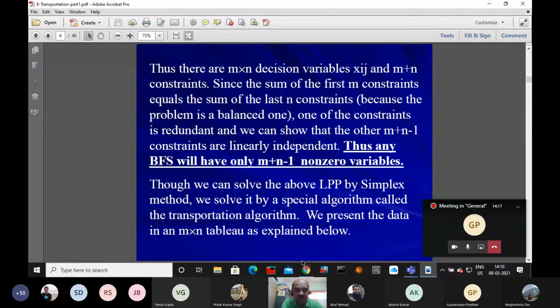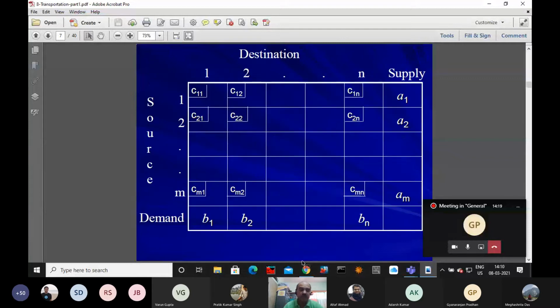As I have already mentioned, there are m sources: source 1, source 2, up to source m, and n destinations: destination 1, destination 2, up to destination n. At the sources we have supply: A1 at the first source, A2 at the second, and similarly AM at the mth source.